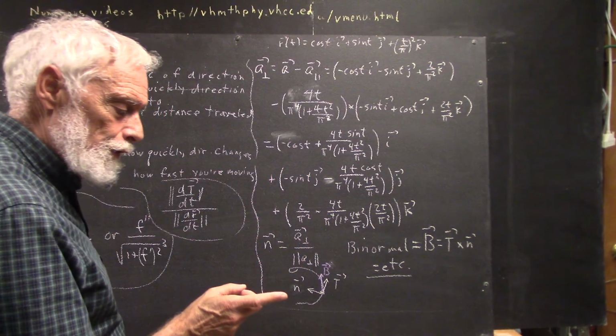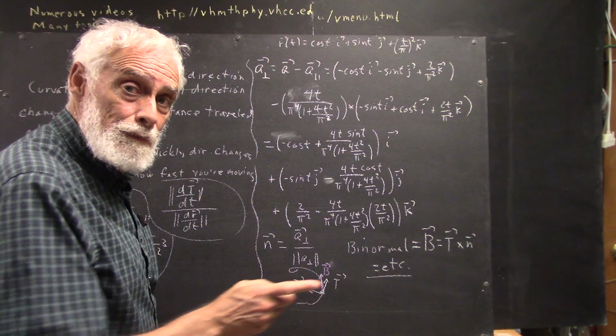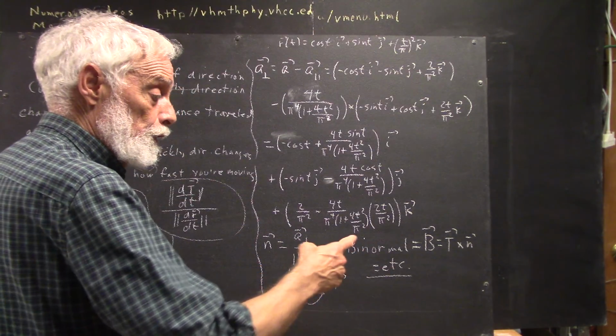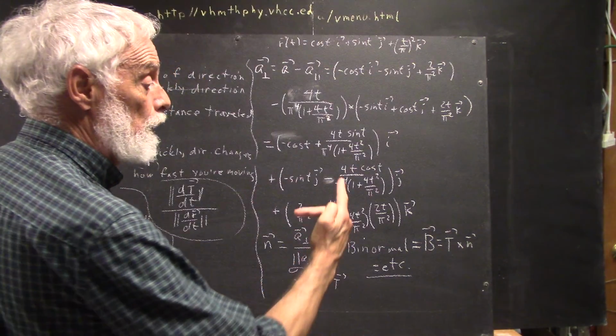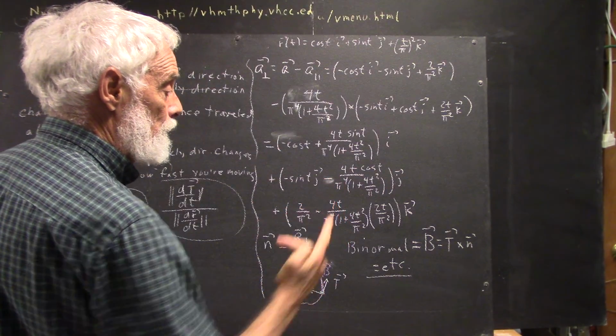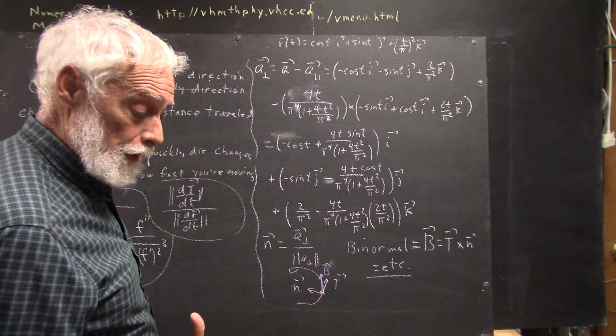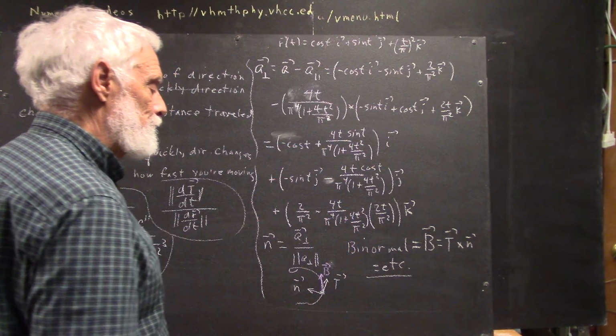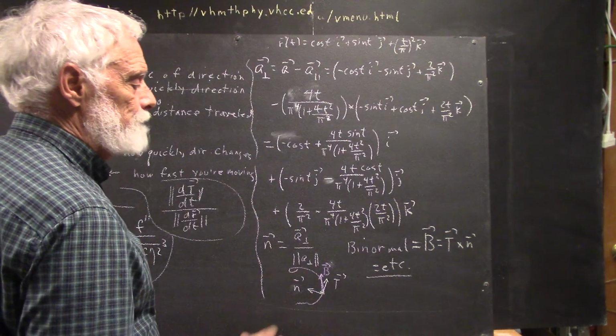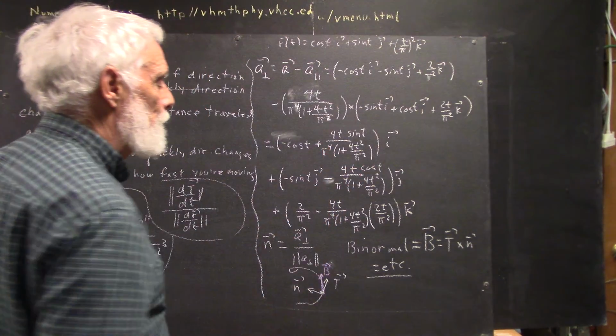So your unit tangent vector is no longer in the xy plane or parallel to it. It's going to be like this, and your unit normal vector is going to follow along, and your binormal vector follows along. So as you get steeper and steeper, your motion kind of looks like this.